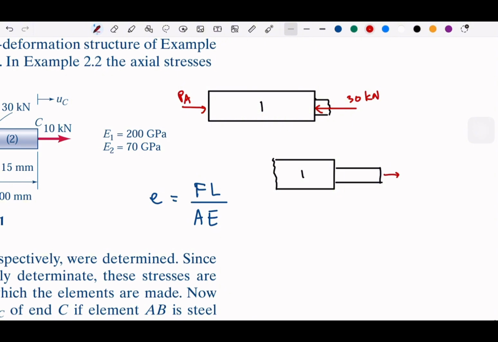This is 10 kilonewton. This is going to be 30 kilonewton.